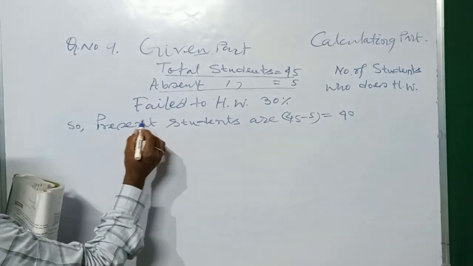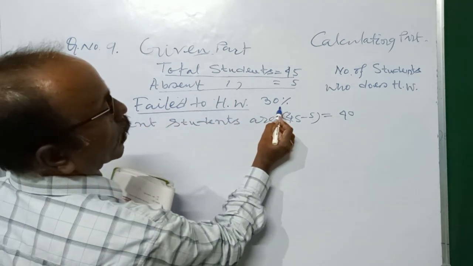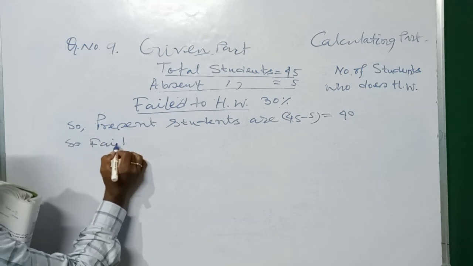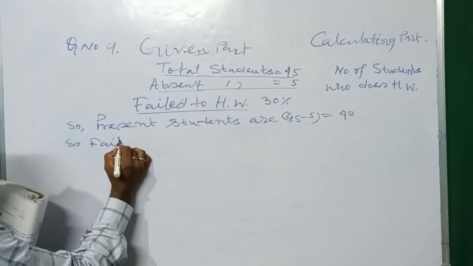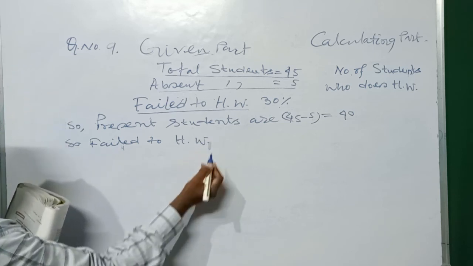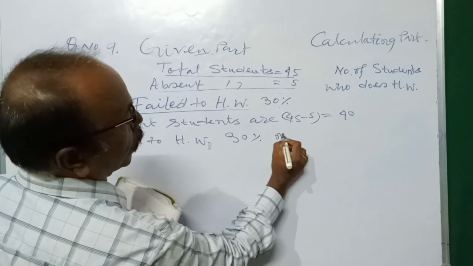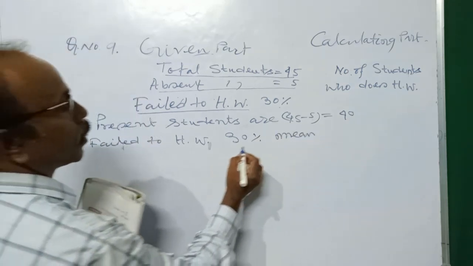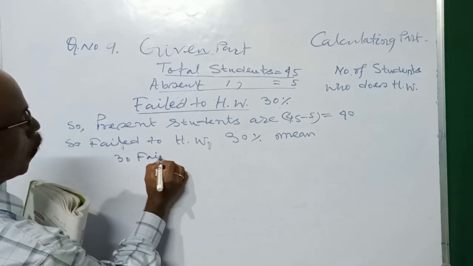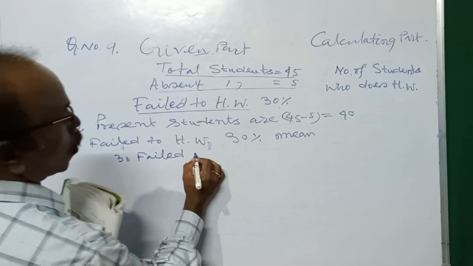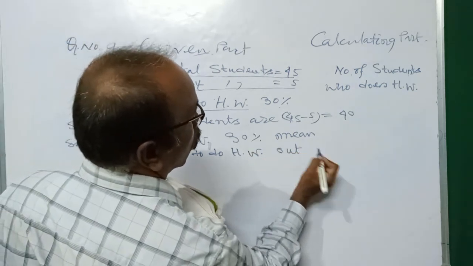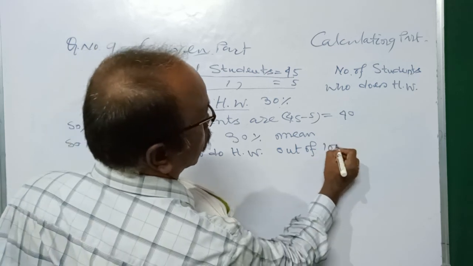You see, failed to do homework 30%. So, failed to do homework, 30% means 30 failed out of 100.